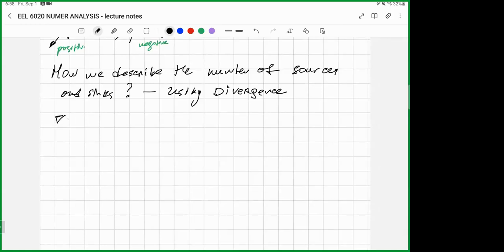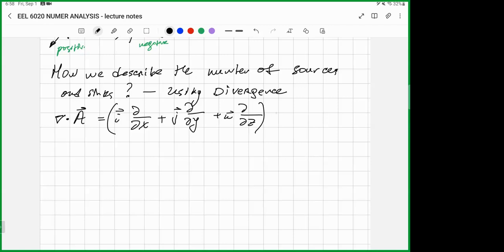The divergence is the dot product of the nabla operator with the vector field. So let's just substitute the formula for the nabla operator again, with d/dx, d/dy, d/dz. And for the vector field, we have components ax i plus ay j plus az k, like this.